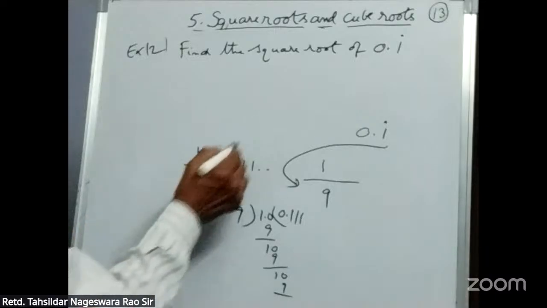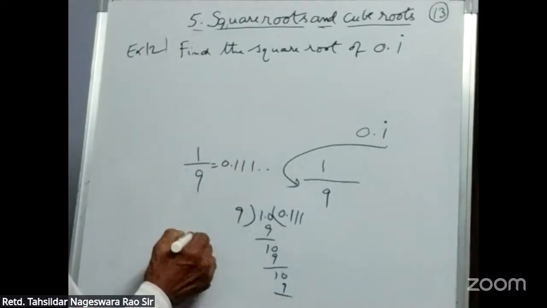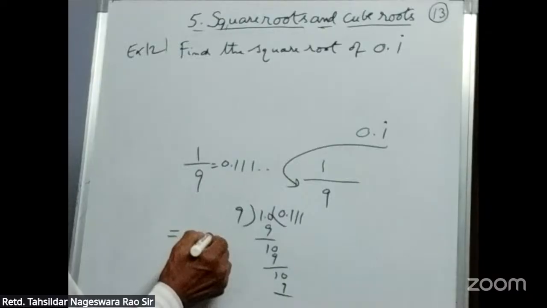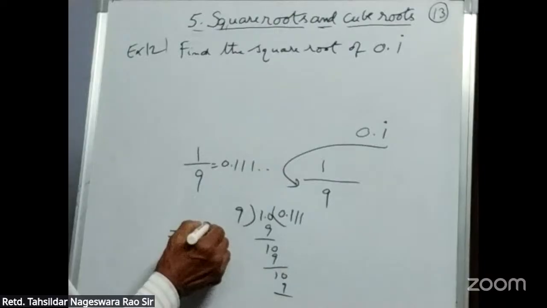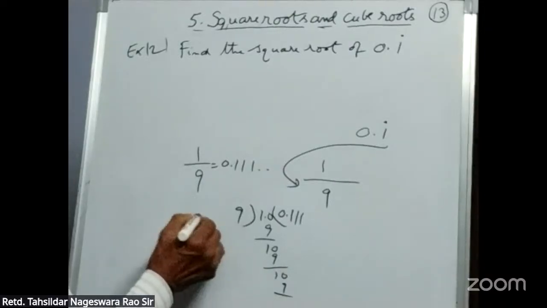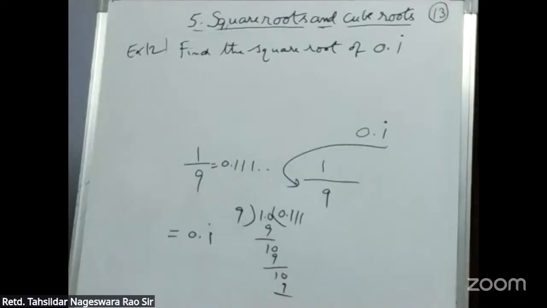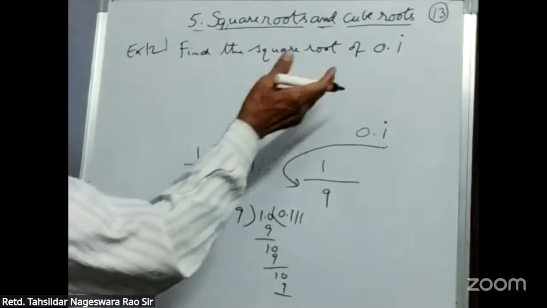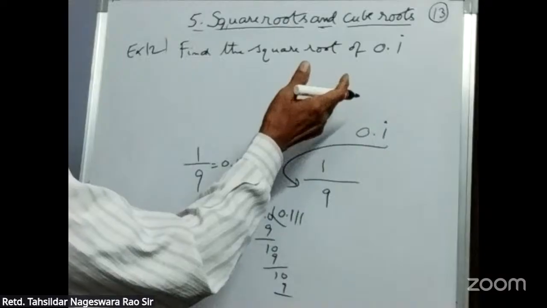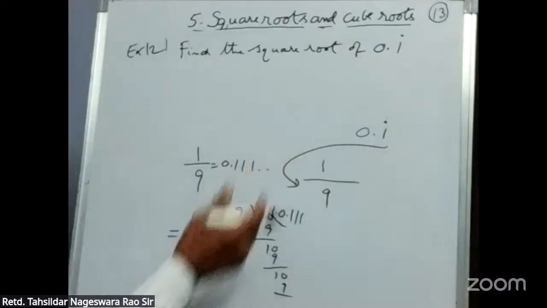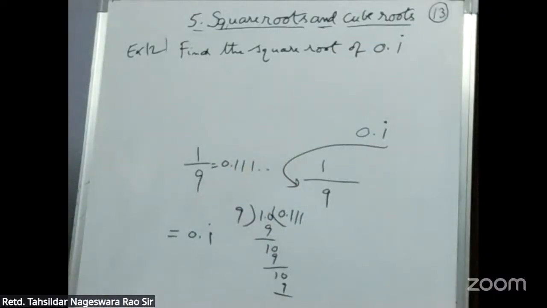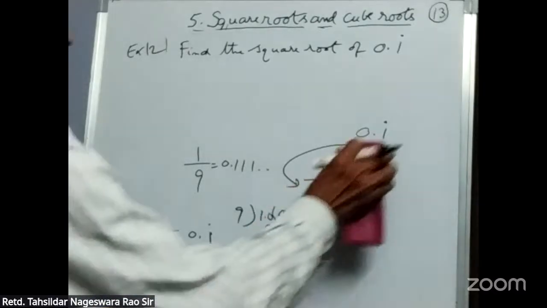The representation in decimal fractions is a code we have arranged, that is 0.1 with a dot, without repeating the portion. That's all. So I think you can understand now why 0.1 recurring is converted to 1 by 9. I hope you understand.